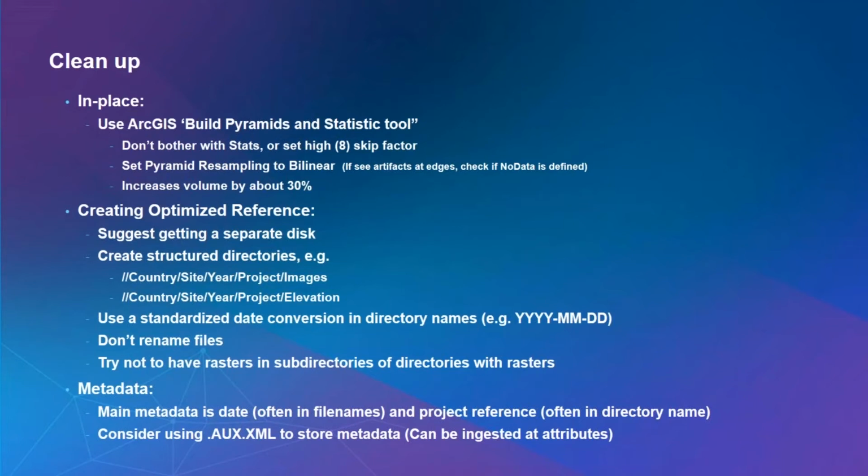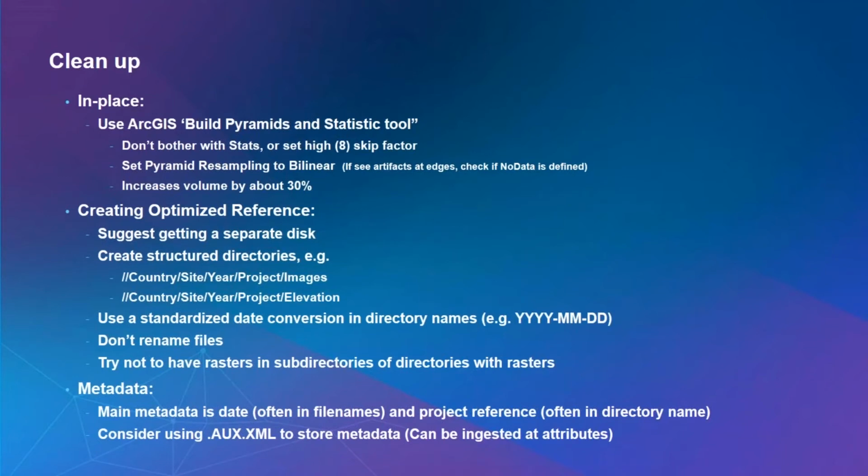Statistics are not very often used. Typically, if I run it at all, I will use it with a large skip factor just to make it run faster. If you do sampling, when you create the pyramids, do use the bilinear sampling. It gives a better quality. Check the no data. And what you'll see is that it increases the data volumes by about 30%.